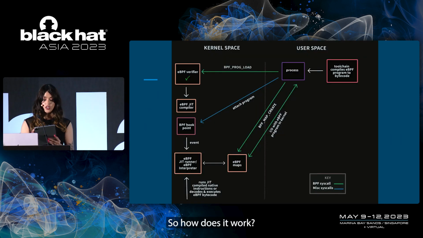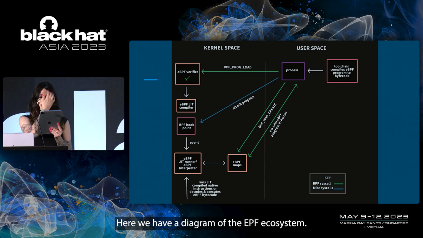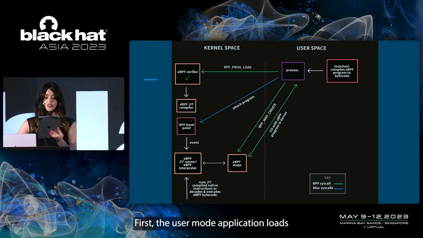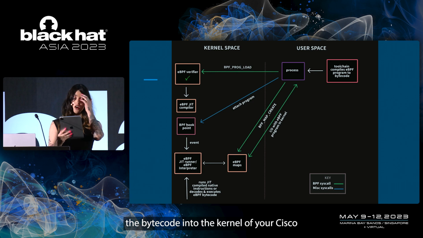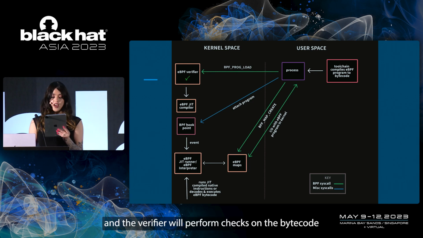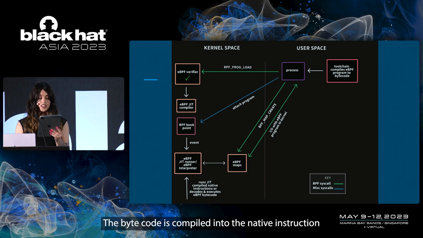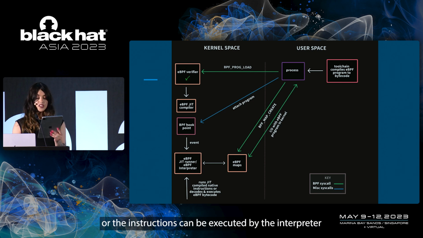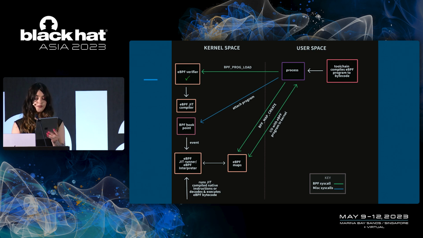So how does it work? Here we have a diagram of the eBPF ecosystem. So let's get into a brief overview. First, the user mode application loads the bytecode into the kernel via a syscall, and the eBPF verifier will perform checks on the bytecode. If the checks are passed, the bytecode is JIT compiled into the native instruction set for the architecture, or the instructions can be executed by the interpreter while running, just depends on the kernel configuration.